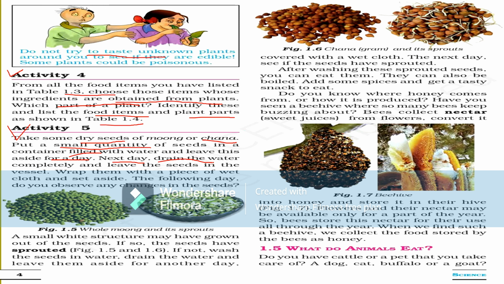Drain out only the water, not the grains. Drain the water completely and leave the seeds in the vessel. Then close the lid and wrap them tightly with a wet cloth or a cover.